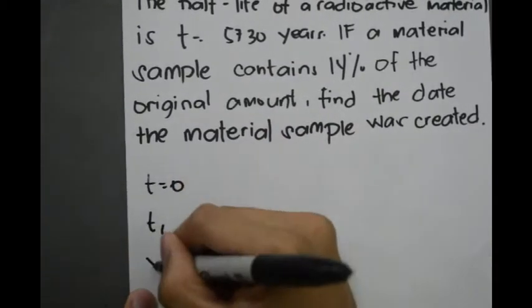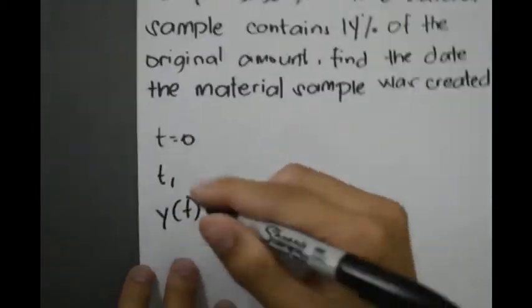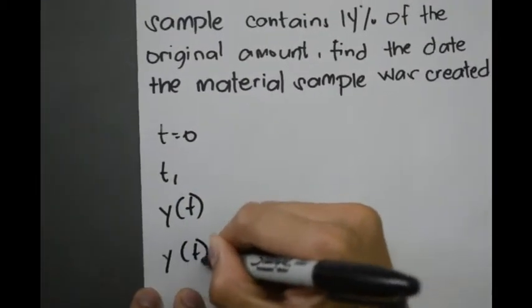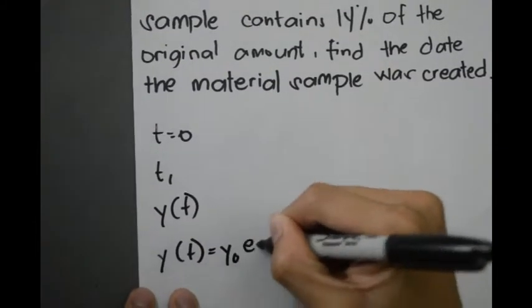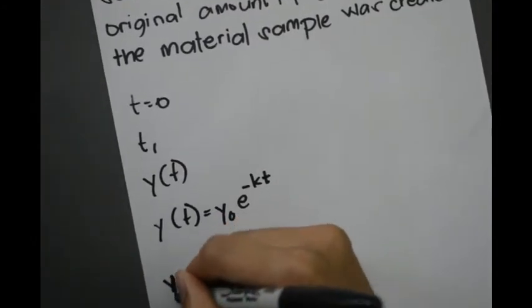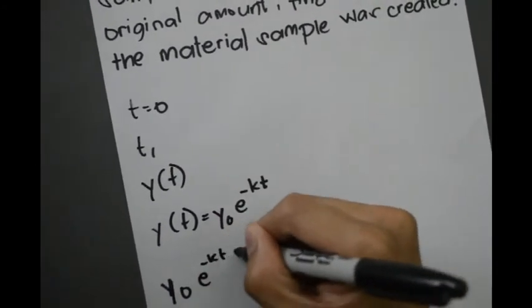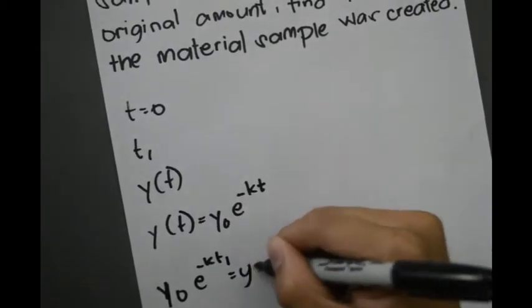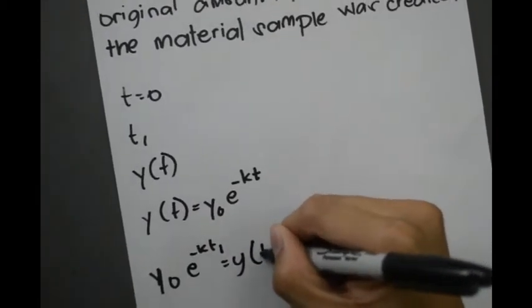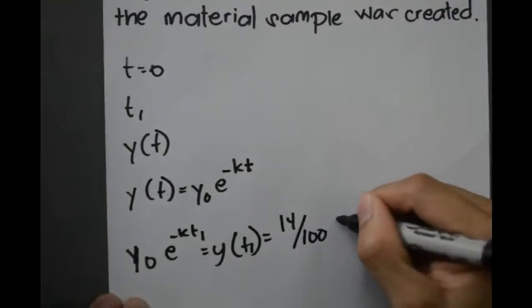Also denote y of t as the material amount at time t. y of t is equal to y initial e raised to negative kt. Then e raised to negative kt1 equals y of t1, which was 14 over 100 y of 0.